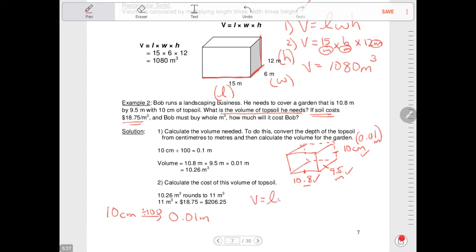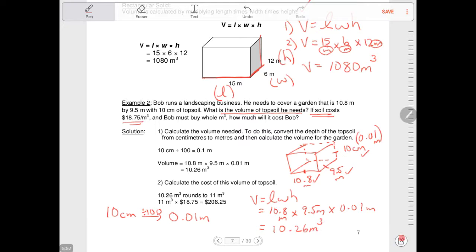Volume is length times width times height, 10.8 meters times 9.5 meters times, oh sorry, I need to put an X down there, that's certainly in the wrong spot, times 0.01 meters, and that's going to give you 10.26 meters cubed. That is going to be your volume. And again, if you look at it, I put everything into meters, and remember, I put meters cubed.